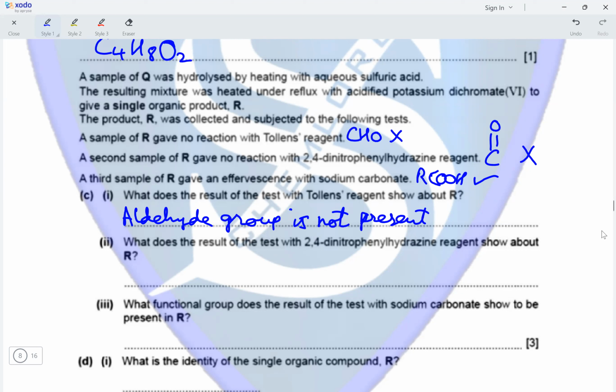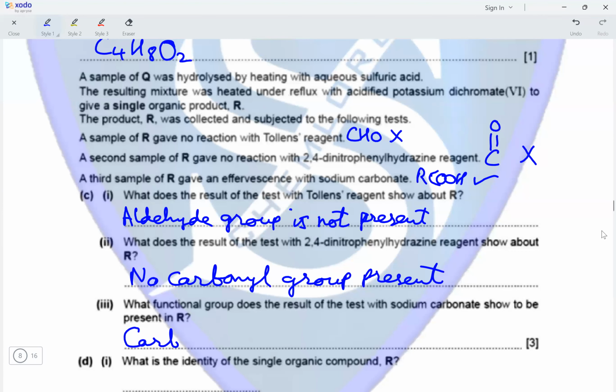What does the result of the test with 2,4-dinitrophenylhydrazine reagent show about R? No carbonyl group present. What functional group does the result of the test with sodium carbonate show to be present in R? Carboxylic acid.